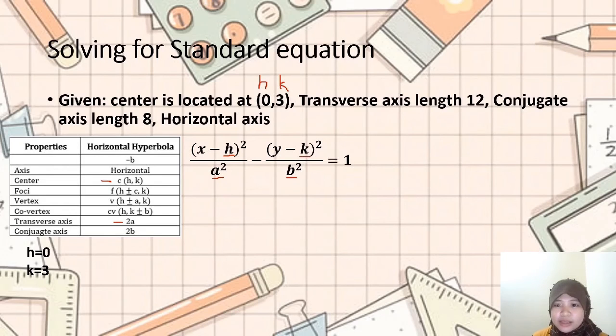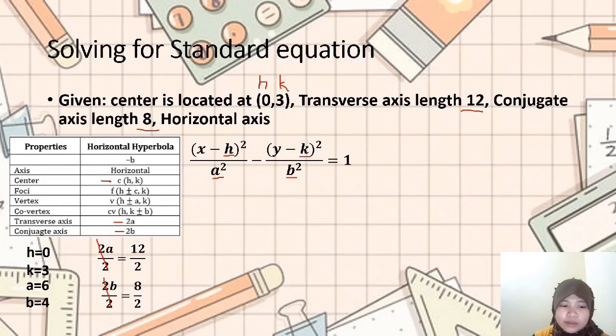Since our transverse axis is 12, 2a is equal to 12, then divide both sides by 2, and we will have a is equal to 6. To find the value of b, we're gonna use conjugate axis. Since our conjugate axis is given, 2b is equal to 8, divide both sides by 2, b is equal to 8 divided by 2, which is b is equal to 4.